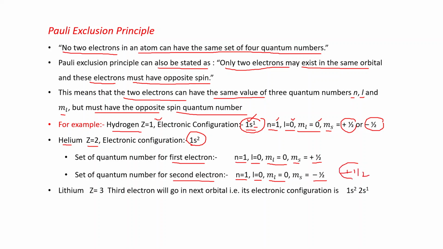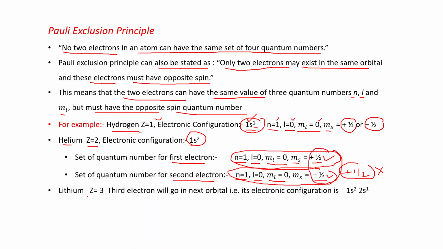Is it clear? Because according to Pauli's rule, if 2 electrons are present in an orbital, then they must have opposite spins. If one electron has plus half spin quantum number, then another electron will have minus half spin quantum number. If we compare this set with this one, both sets are not the same. There is a difference in the spin quantum number.